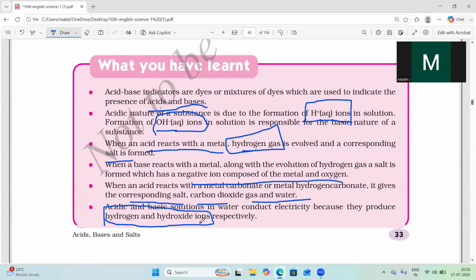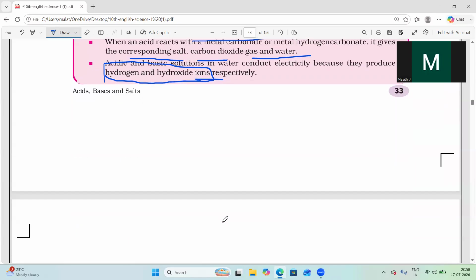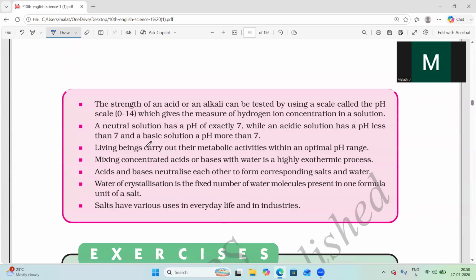Because of these ions, acid or base solutions conduct electricity. The strength of an acid or an alkali can be tested using a scale called the pH scale. Everything we studied about the pH scale is important. A neutral solution has a pH of exactly 7, an acidic solution is less than 7, and a basic solution is more than 7. This is very important.